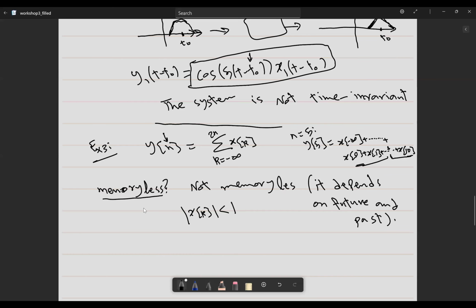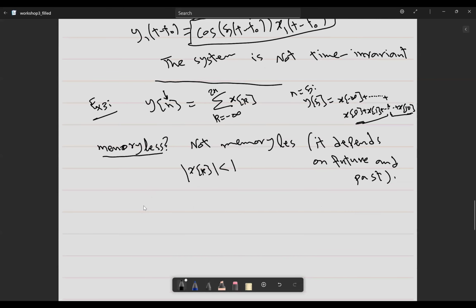Because this summation will converge. I'm trying to compare it with the geometric series. Let's say we have k equals minus infinity to some value n, then r to the k. For this series to converge, the condition is that r is bounded by 1, right?